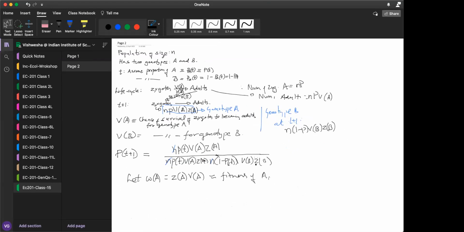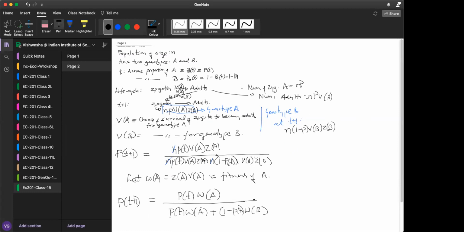And we can now write down the expression for P of T plus 1 as P of T divided by, again, P of T, 1 minus P of T times. Is it fine? So this is the discrete equation that governs how the proportion of genotypes changes over time.